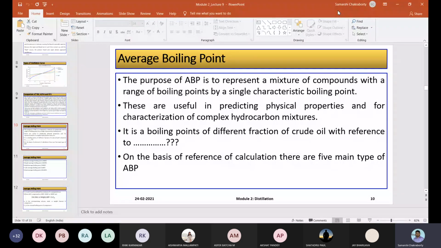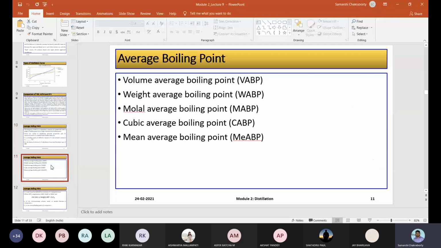If I take a petroleum fraction in that range, what should be my average boiling point? Average boiling point can be measured as volume average boiling point, weight average boiling point, cubic average boiling point, and mean average boiling point. Which formula is used and how we can calculate this.